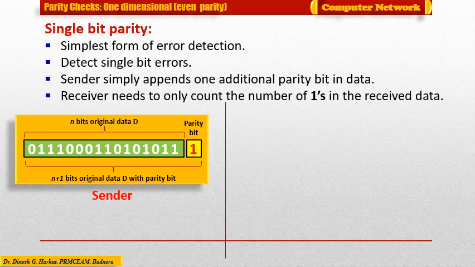Here this figure illustrates an even parity scheme with a single parity bit being stored in a separate field. The receiver's operation is also simple with a single parity bit mechanism. Here the receiver needs only to count the number of ones in the received n plus 1 bits.